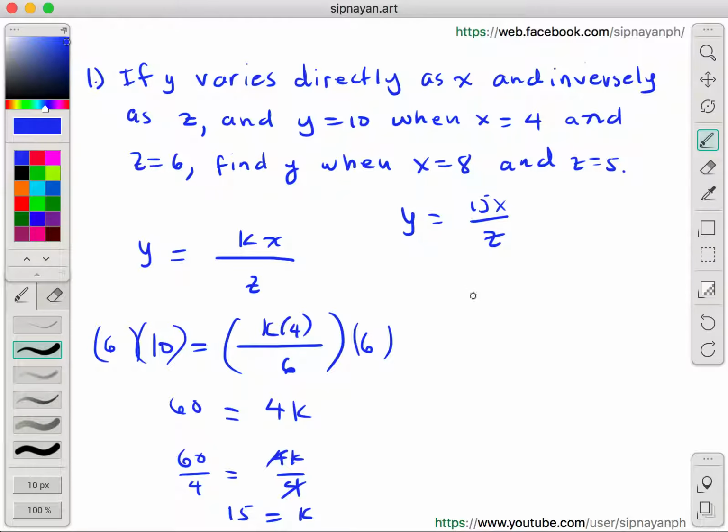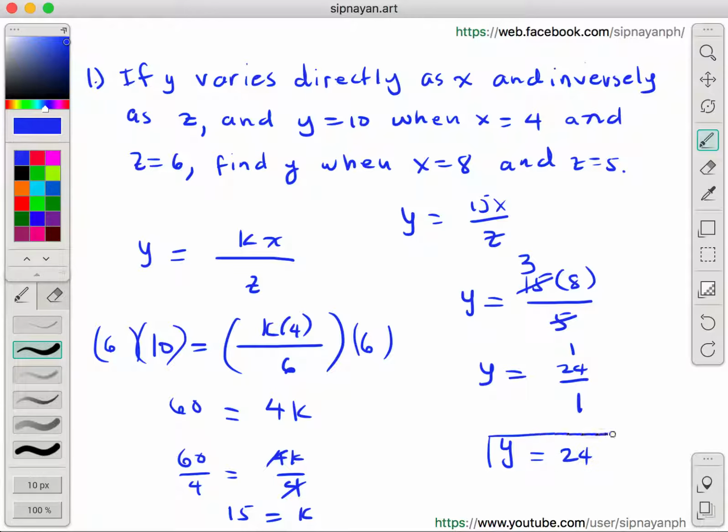So, using this equation, we have y equals 15 times ang x natin ay 8 at yung z natin ay 5. So, y equals, I think this will cancel out. So, divide by 5, we have 3. Divided by 5, we have 1. So, 3 times 8 is 24. Divided by yung denominator natin na 1, y equals 24.